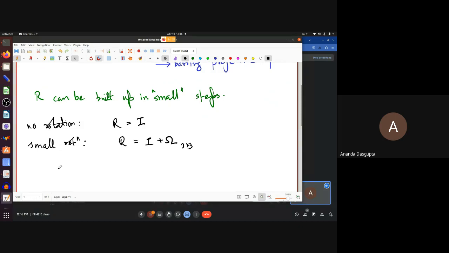Now, an immediate consequence of R transpose R equals identity, and this of course means that there are higher order correction terms possible, this is only to first order in omega, will immediately tell you that omega and omega transpose must add up to 0. That is, omega is antisymmetric.